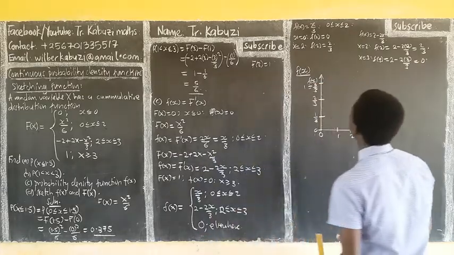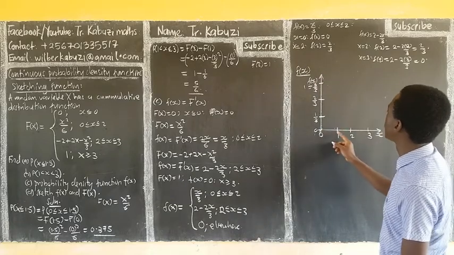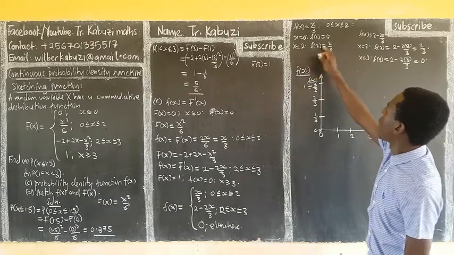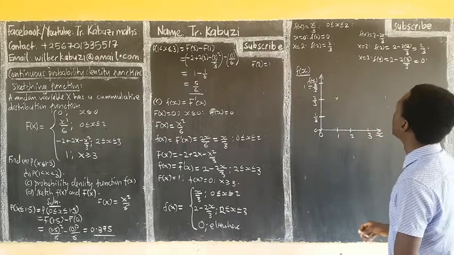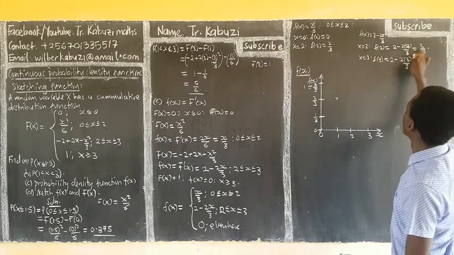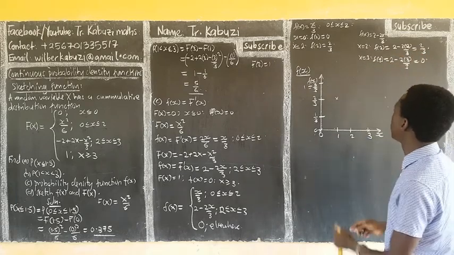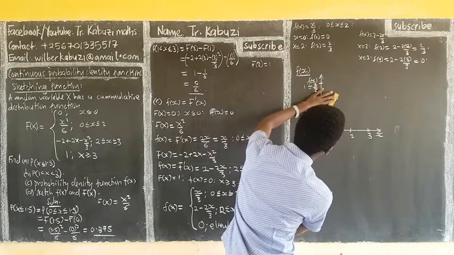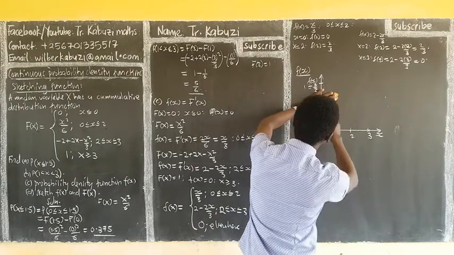So now, when x is 0, f is 0. Then you move to 2 and 2 over 3, which is there. Then 3 and 0, it's there. You get your ruler, then you draw and join these points.